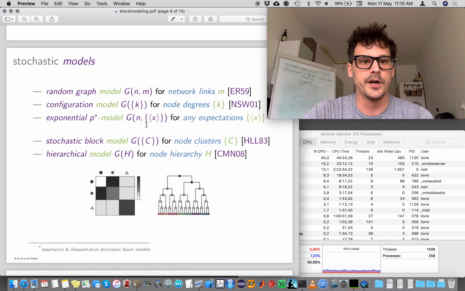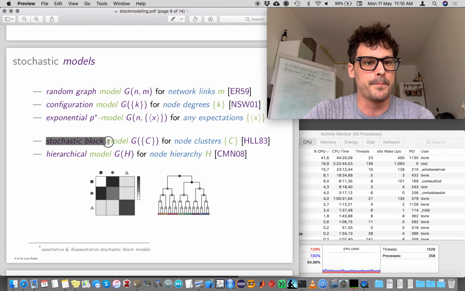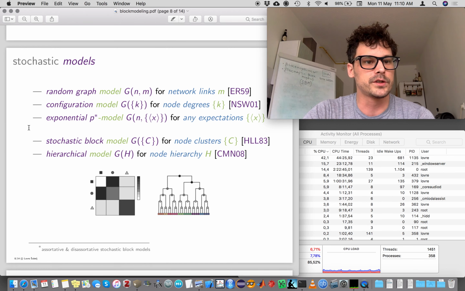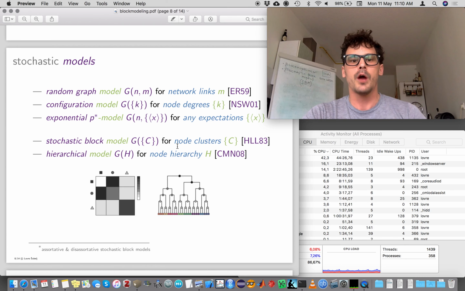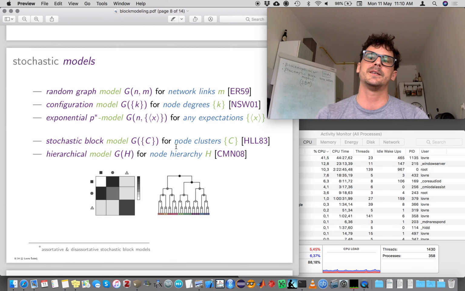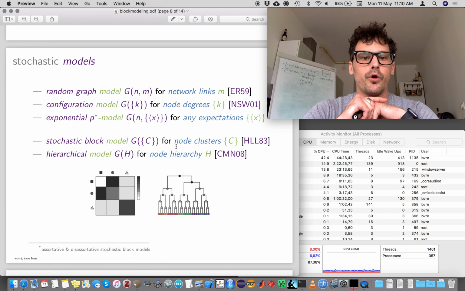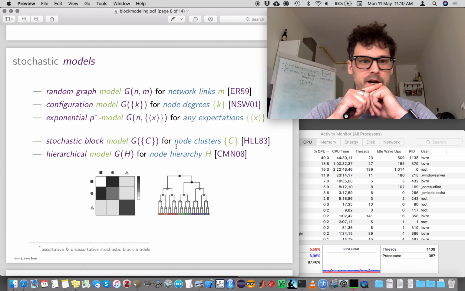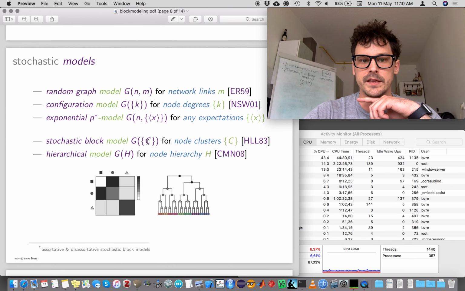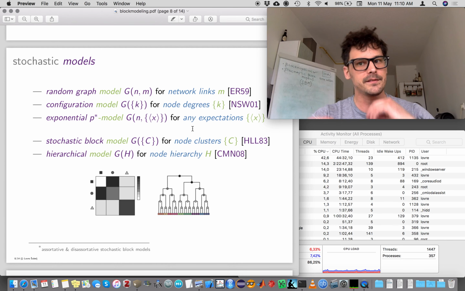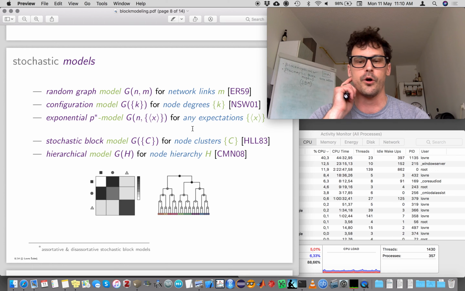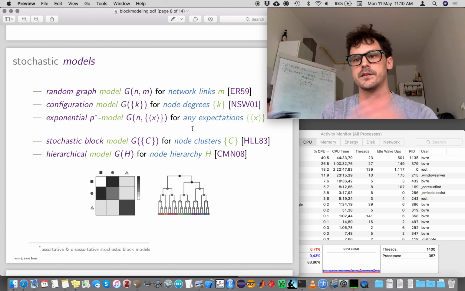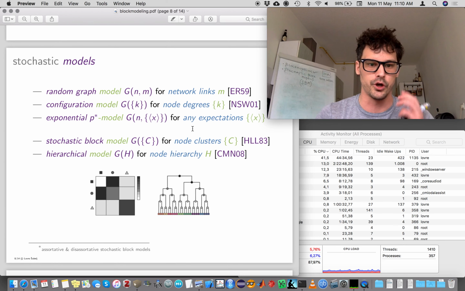In this video, we will first talk about the model that is called the stochastic block model, where you don't only specify the number of nodes, but you also specify the partition of these nodes into some groups or clusters, here denoted with large C, and the probabilities of links within clusters, between clusters, and so on.